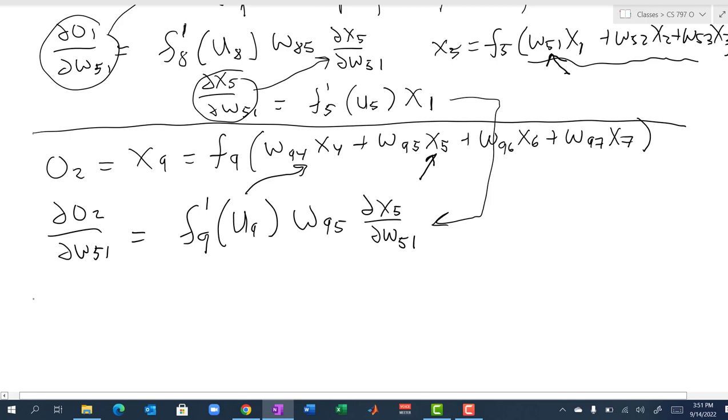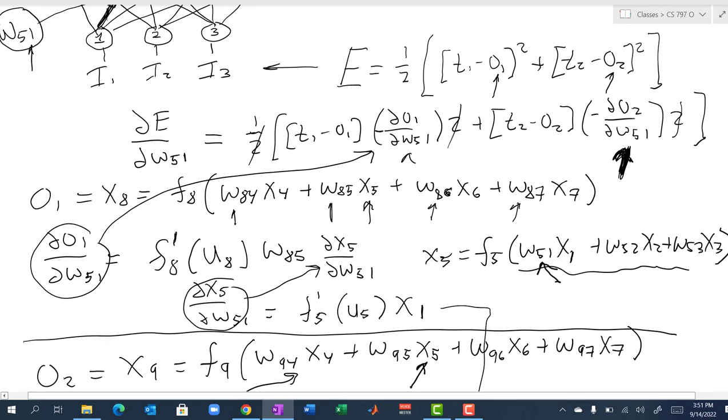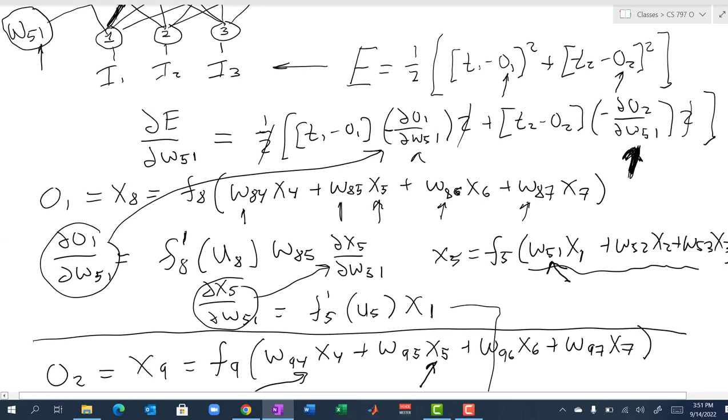So let's collect it all together. So we're going back up to this formula, and we're plugging in for this derivative and this derivative that we just calculated below.